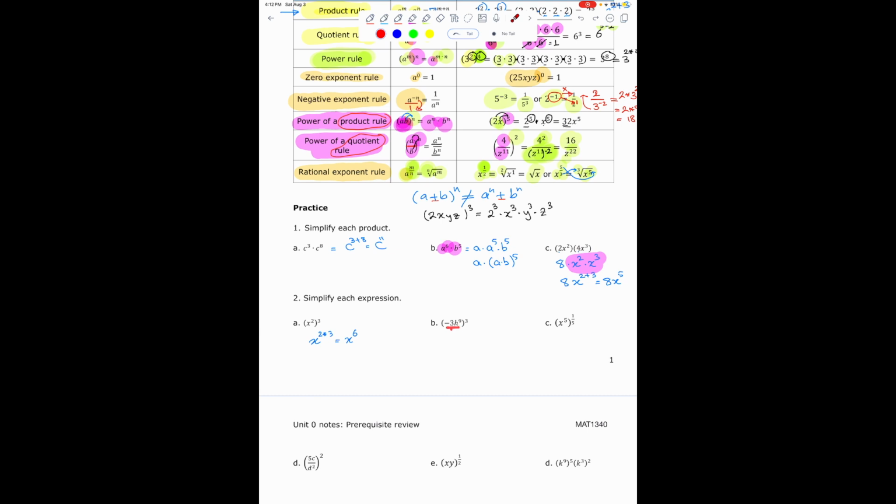Because I have a product inside of the parentheses. So first, I'm going to use the power of a product, because I have a product inside. So I will go with negative 3 to the 3rd times h to the 9th raised to the 3rd. That is the power of a product rule.